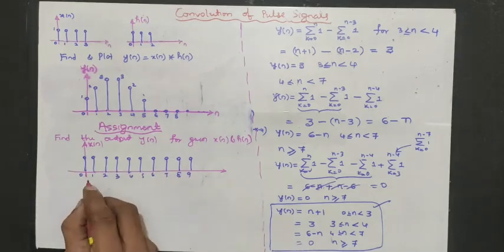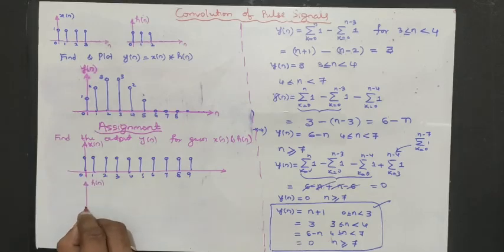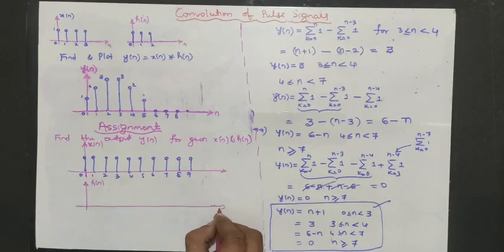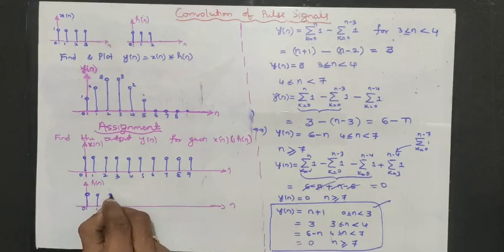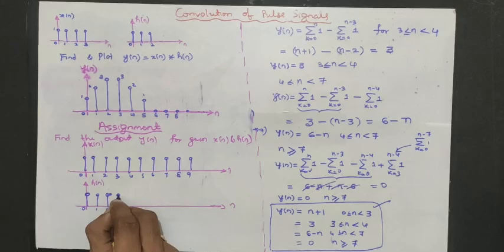Similarly, h of n, with samples at 0, 1, 2, 3.